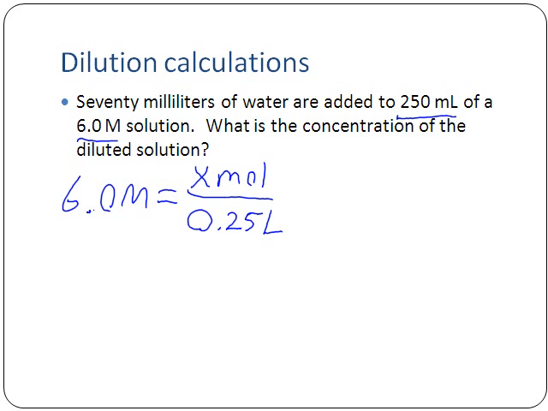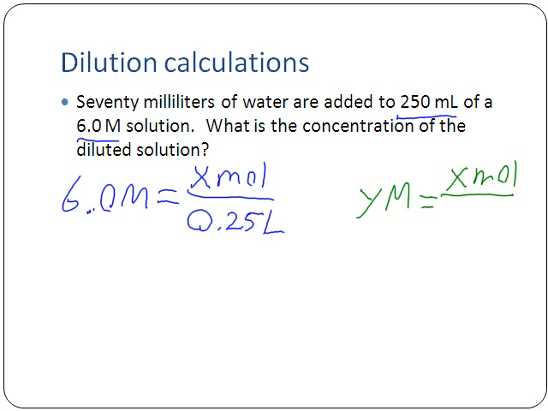For our other equation, do we know what the concentration is? Because we don't know what the concentration is, we're just going to use that as y. And so we have y molar solution, whatever that is, equals the number of moles, which we don't know for this one either, so x moles, over the number of liters of solution.